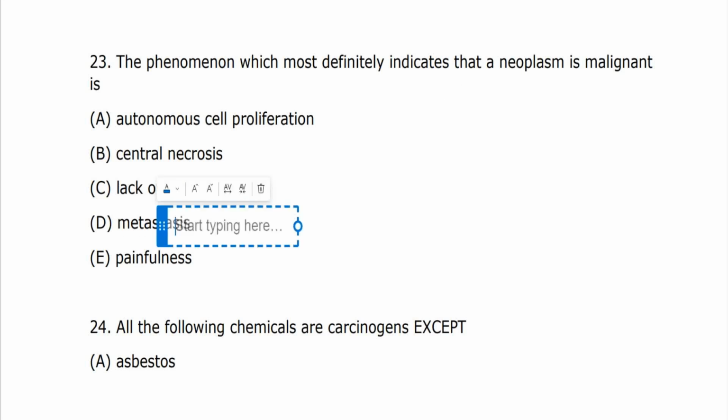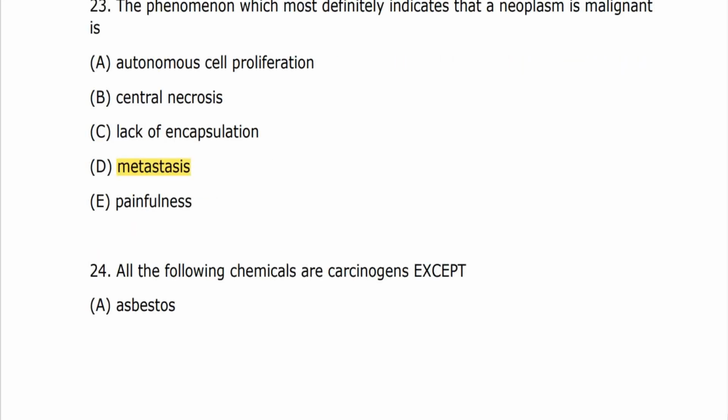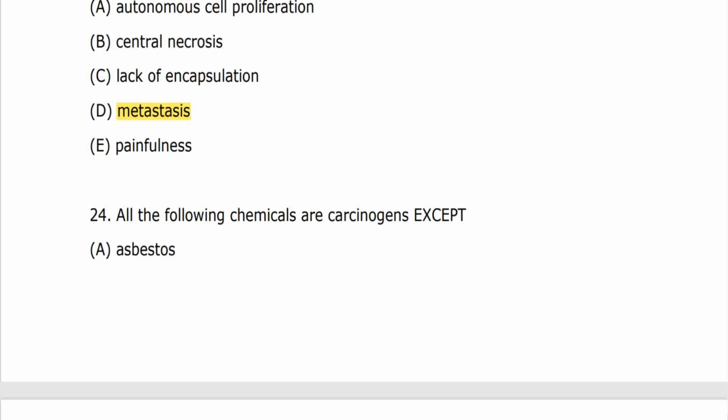So let's highlight that. Metastasis. If it is a surface tumor, you will be looking at invasion of the basement membrane, which is more of a local metastasis.